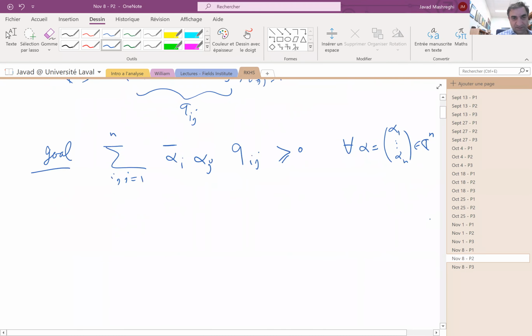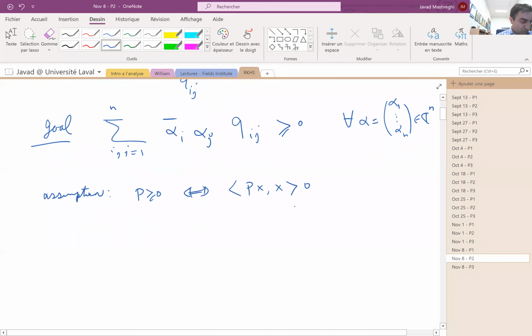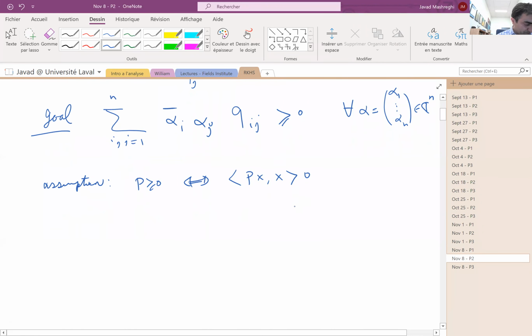Our assumption is that P is positive, which is equivalent to say that Px and x is positive. Or if you wish, we can write it this way too.